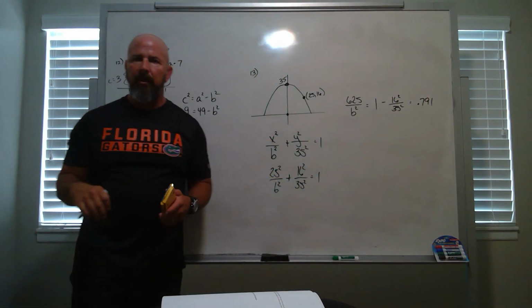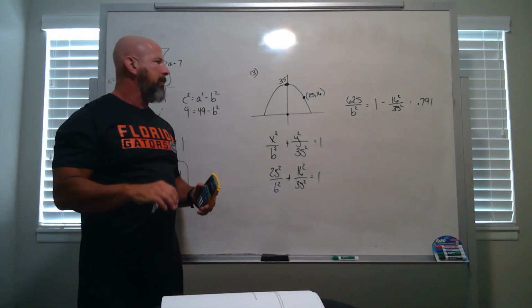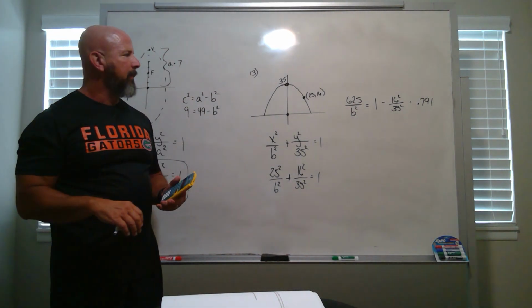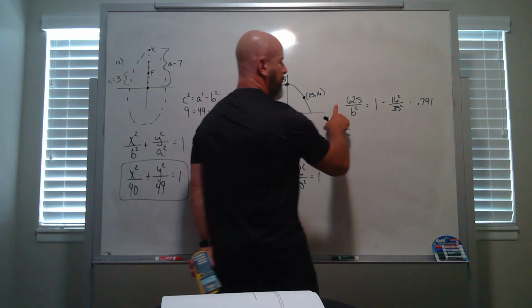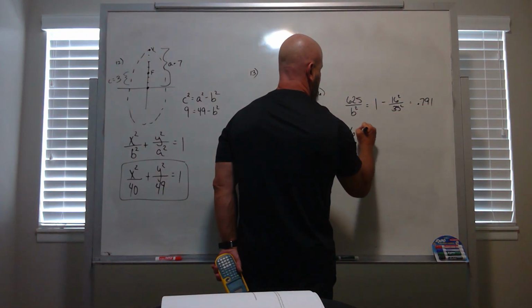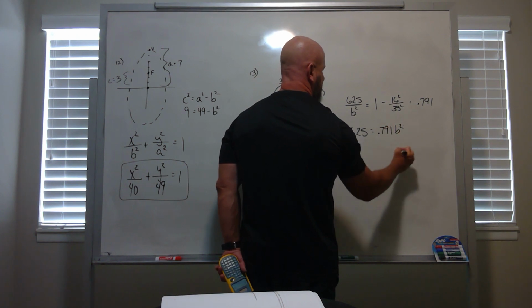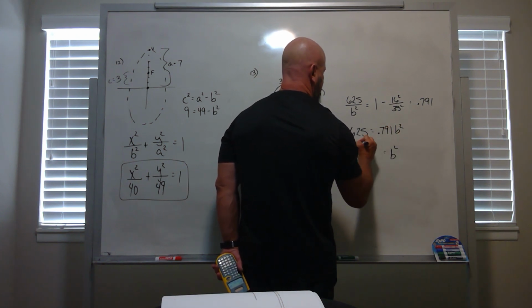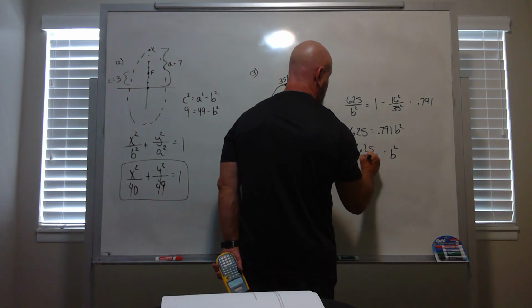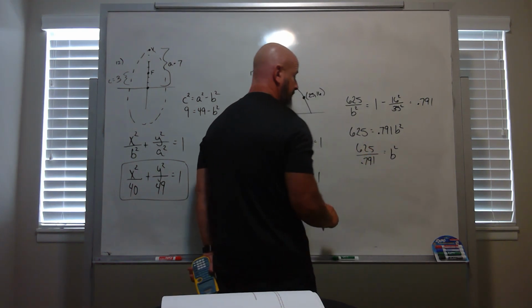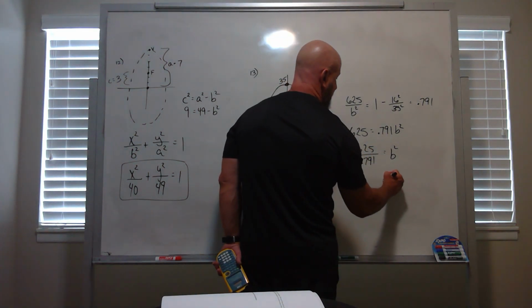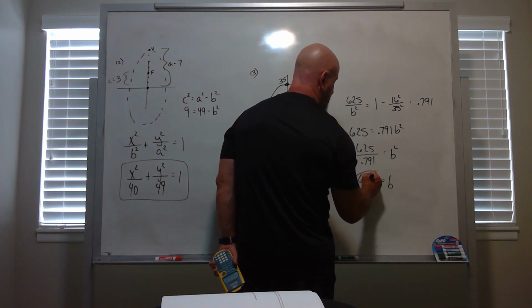I've got a lot of numbers I'm working with, so it's a little easier for me to just make that 0.791. Now if I multiply both sides by b squared, 625 would be 0.791 b squared. So b squared is 625 over 0.791, which means b is the square root of that fractional value.